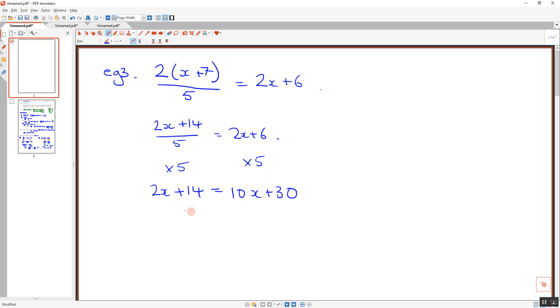Then I need to get all my x's together, all my other numbers together. How many answers will I get? 1.